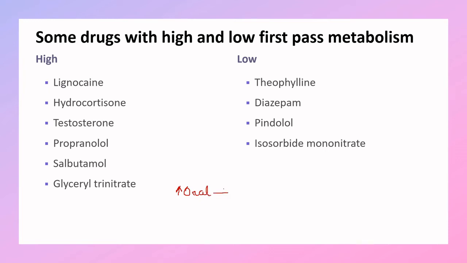Again, since it has high first pass metabolism, the lignocaine will be converted into its metabolites due to the first pass metabolism. Now the problem with these metabolites of lignocaine is that they can cause CNS toxicity.